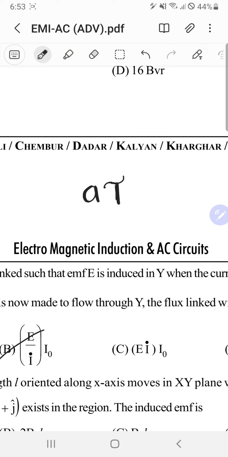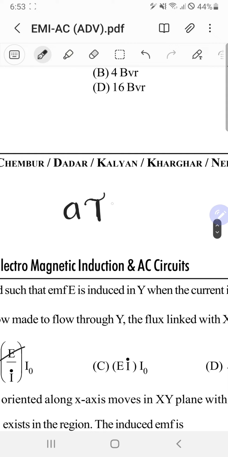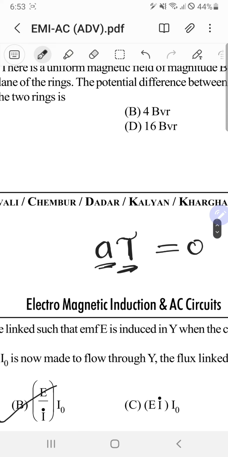Since we want current to be zero, we want this thing to be equal to zero. Not that the electron is not moving, but that it's not moving with respect to the rod. That looks right. So this cannot be zero, this can be. So we want its acceleration with respect to the rod to be zero, right?